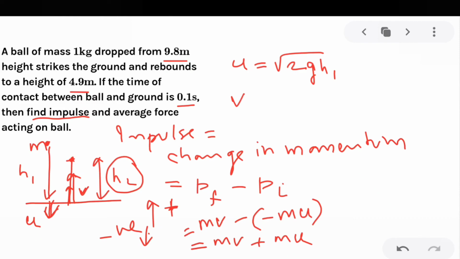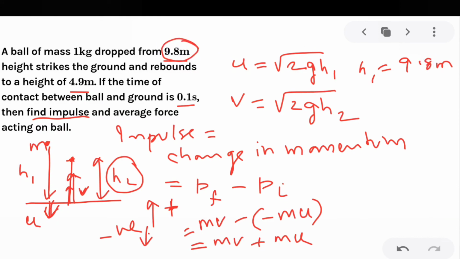So v should be equal to square root of 2g h2. Now here in the question, h1 is given. h1 is 9.8 meter. And h2 is also given. h2 is 4.9 meter.